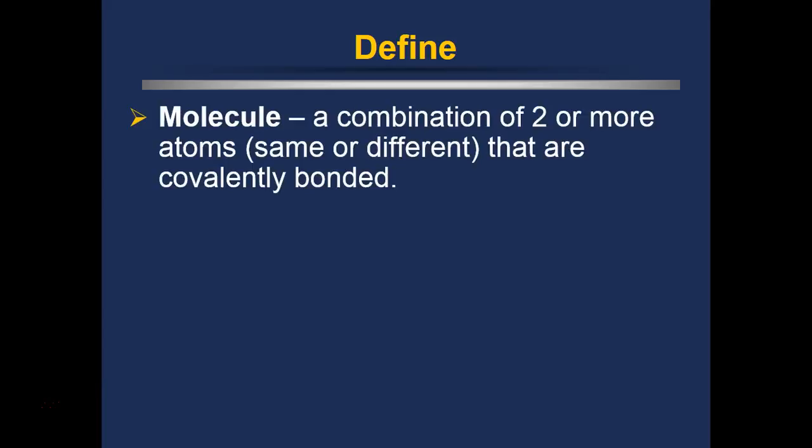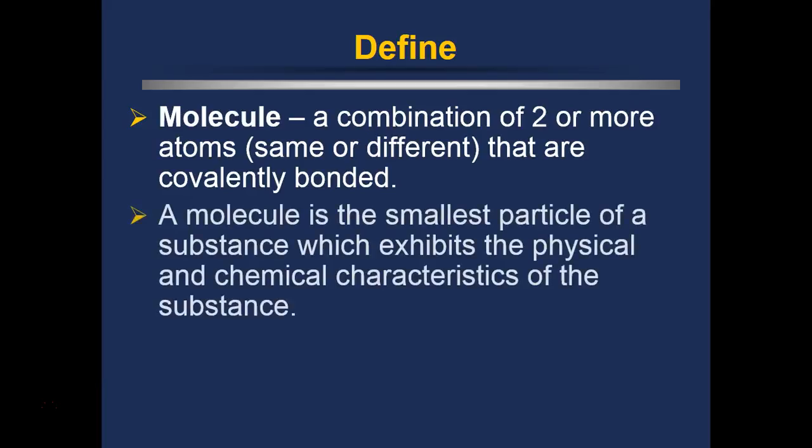A molecule is a combination of two or more atoms. Those atoms can be the same type, or they can be different types, that are covalently bonded. Bonded just means chemically joined together. And a molecule is the smallest particle of a substance which exhibits the physical and chemical characteristics of that substance.